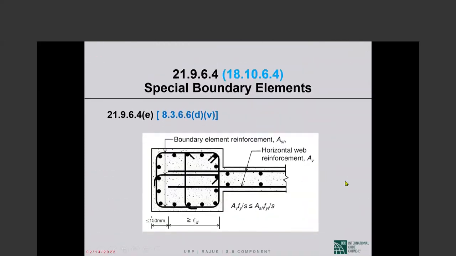Now, in some cases, ACI 318 will allow you to terminate straight bars in the boundary element if you have room. So in that case, the straight bar development length, L sub d, has to be provided from here until the end of the bar.